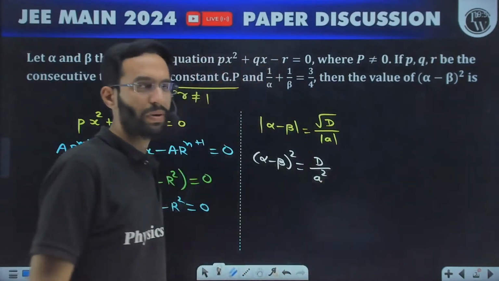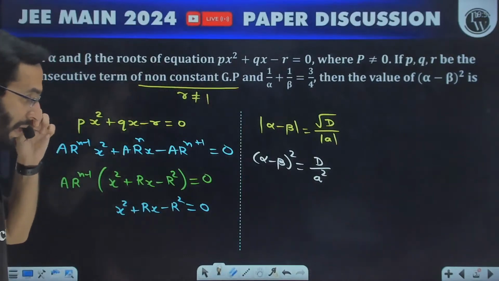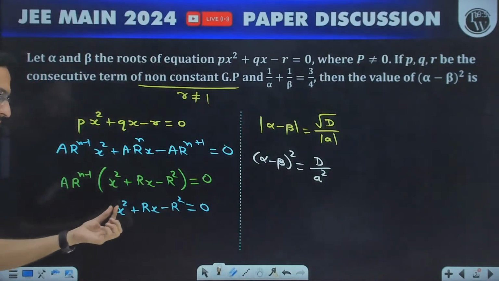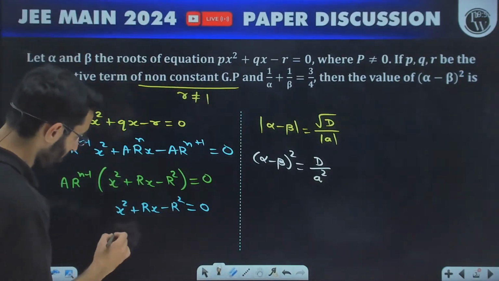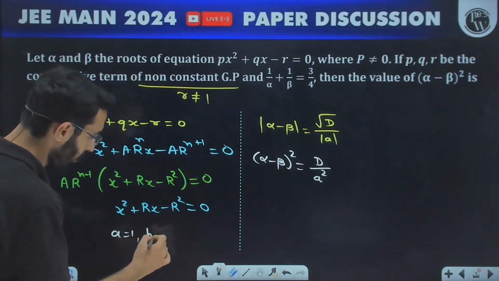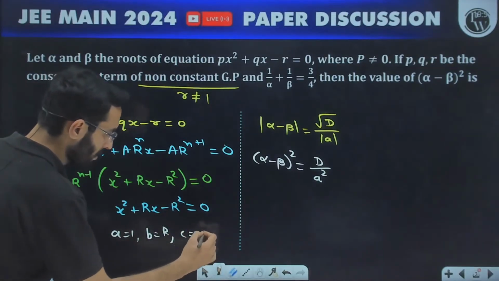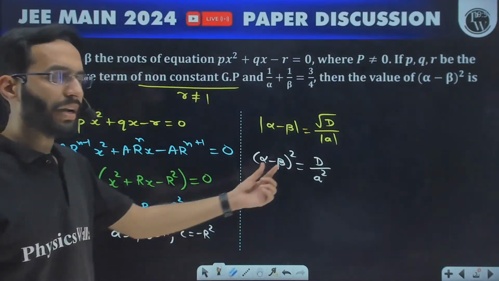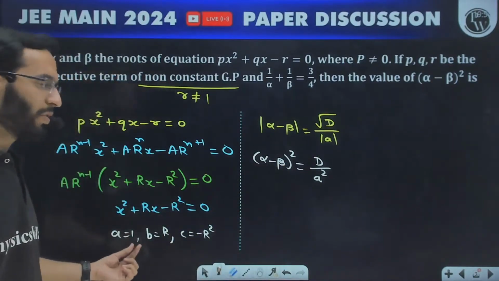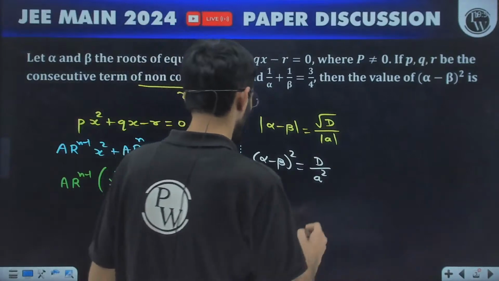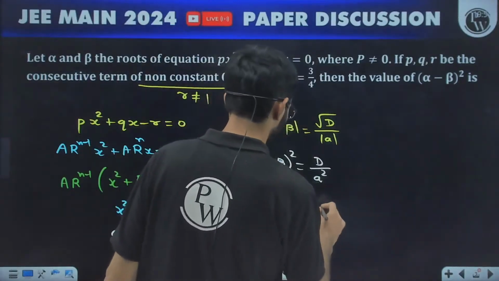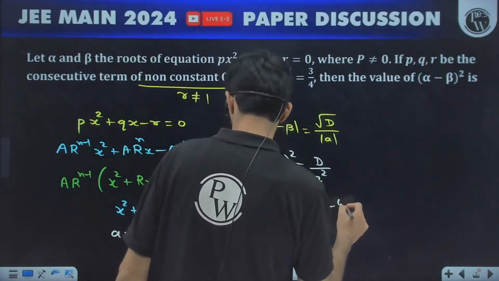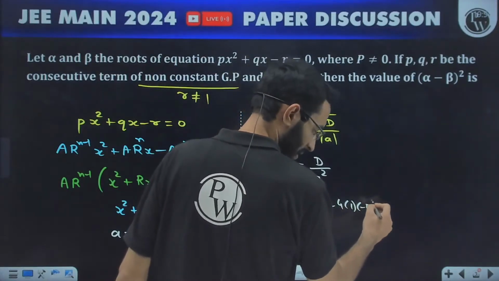Check please. D is nothing but b square minus 4ac. Here a equal to 1, b equal to r, and c equal to minus r square. So after substituting, b square gives r square, minus 4, a is 1, c is minus r square.